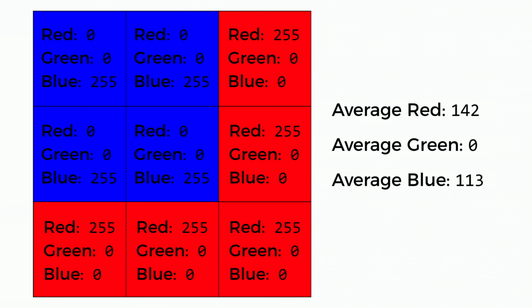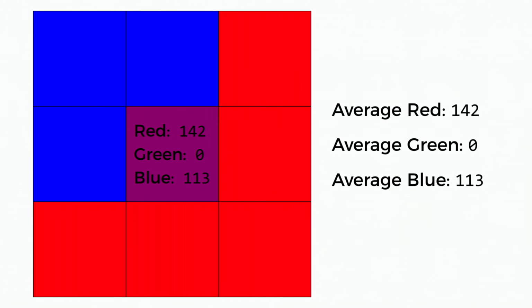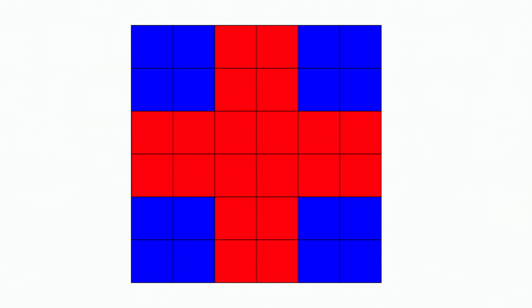And the average amount of blue is 113. Again, all of these rounded to the nearest integer. So what that means is that the blurred version for this new middle pixel is going to be based on the average of the original color values for all 9 of these pixels, which means it's going to now have a red value of 142, a green value of 0, and a blue value of 113.